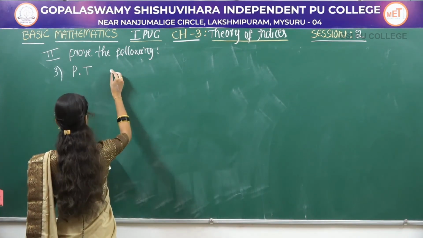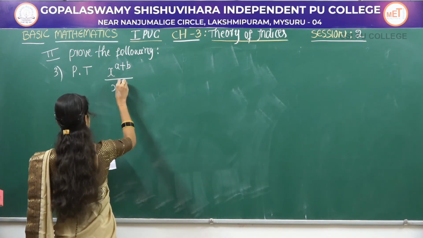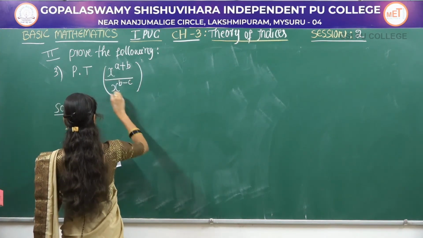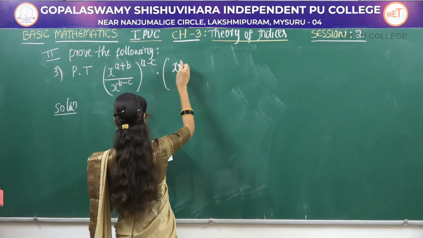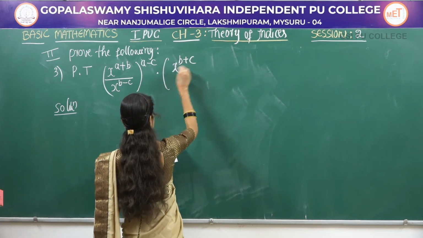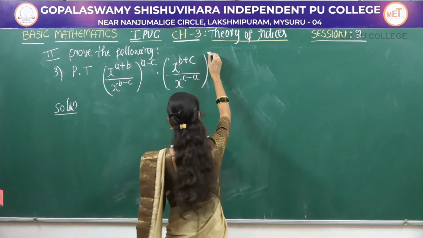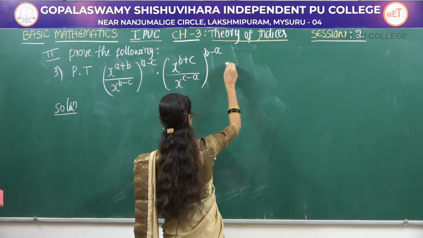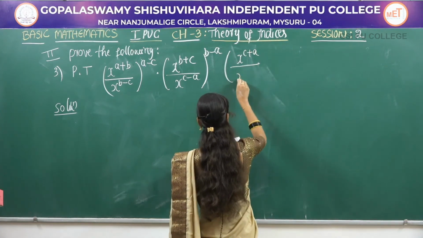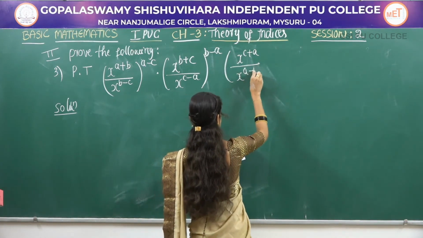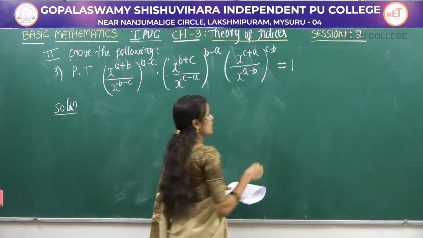Next problem: prove that x to the power of a plus b divided by x to the power of b minus c, to the power of a minus c, into x to the power of b plus c by x to the power of c minus a, to the power of b minus a, into x to the power of c plus a by x to the power of a minus b, to the power of c minus b, is equal to 1.